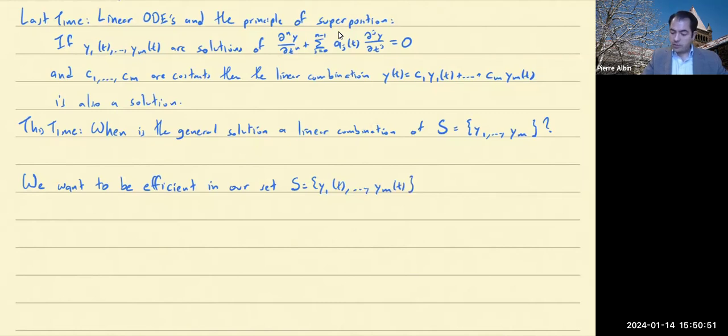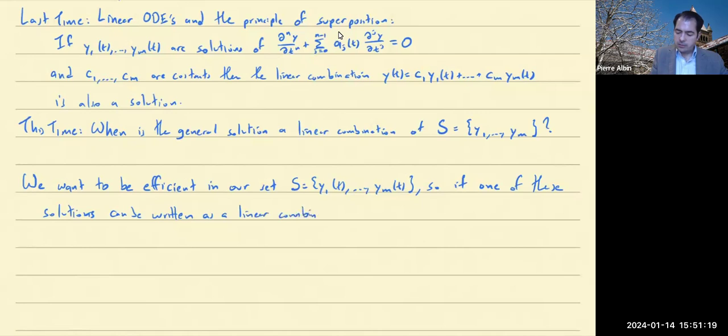So what I mean by efficient: if one of these solutions can be written as a linear combination of the other ones, we don't want to include it, because including it doesn't add any information to what we already have.